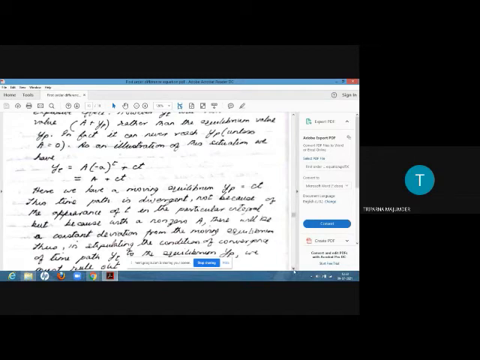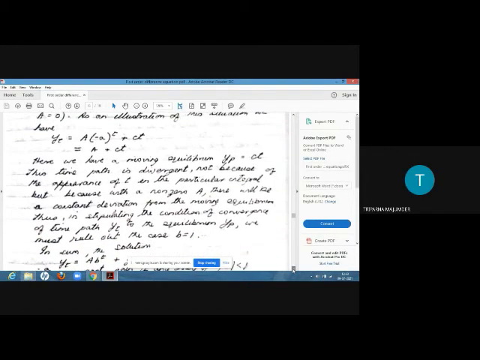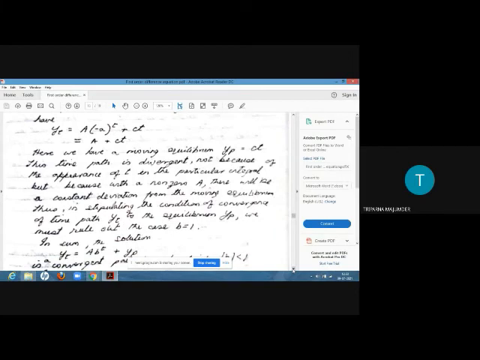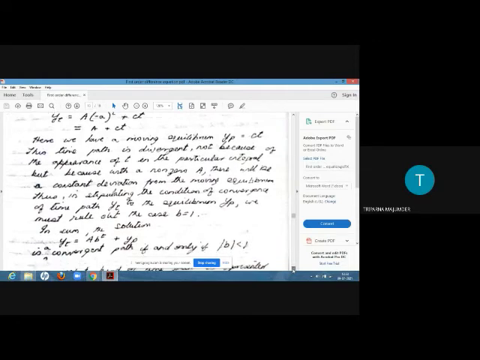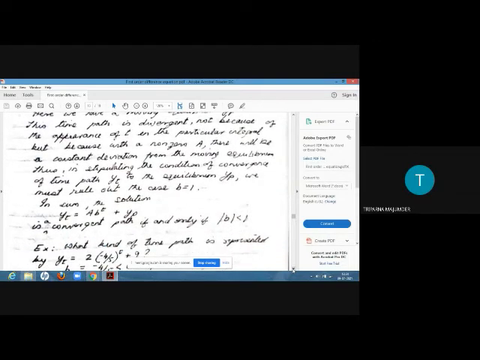Thus, in stipulating the condition of convergence of time path yt to the equilibrium yp, we must rule out the case b equal to 1. In sum, the solution yt equal to AB to the power t plus yp is a convergent path if and only if the absolute value of b is less than 1.